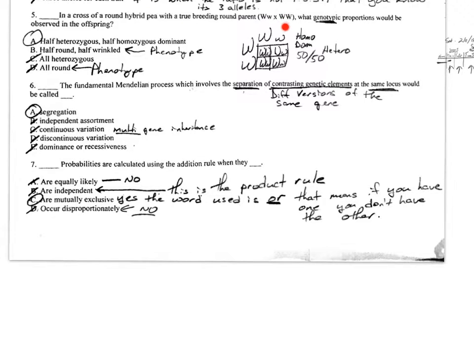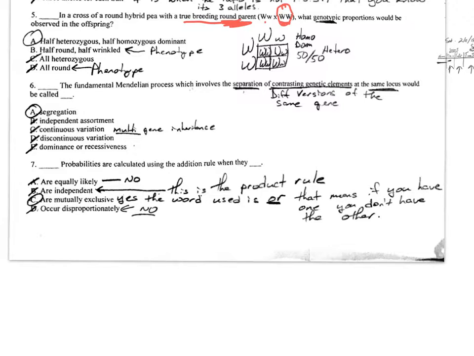You figure it out from the problem: true breeding round plant, that means homozygous. Which one of these two is homozygous? The second one here, right? The first one's heterozygous, big W, little w. So when we're looking at homozygous, that means that big W must be round. Does that make sense? You have to work on your logic. These problems are all based on logic, on thinking straight.